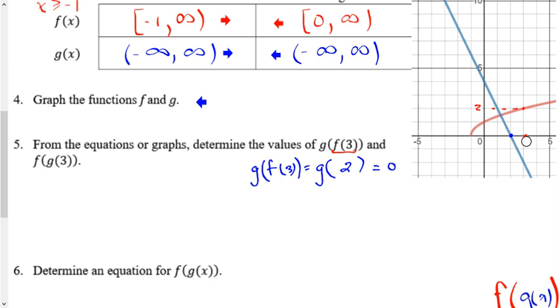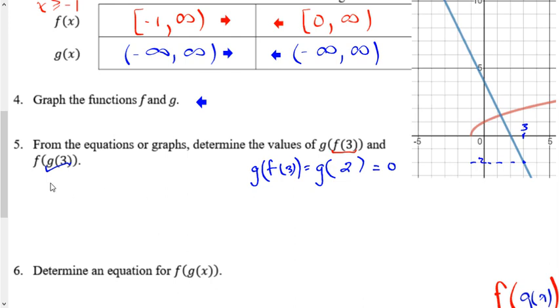Let's just clean this up and do the next one, where this time we're going to start with the inside function being our g of x function. So g of 3. So I'll look over here and I'll put in 3. When I plug 3 into my blue function, I get this as my output, which is negative 2.